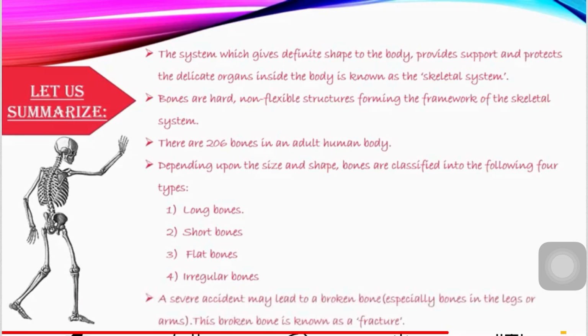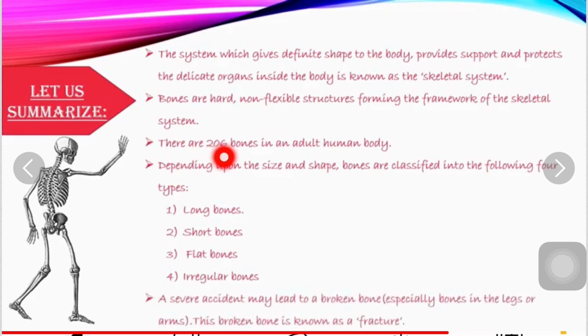Student, let us summarize now what we had studied in this module. The system which gives definite shape to the body, provides support and protects the delicate organs inside the body is known as the skeletal system. Bones are hard, non-flexible structures forming the framework of the skeletal system.